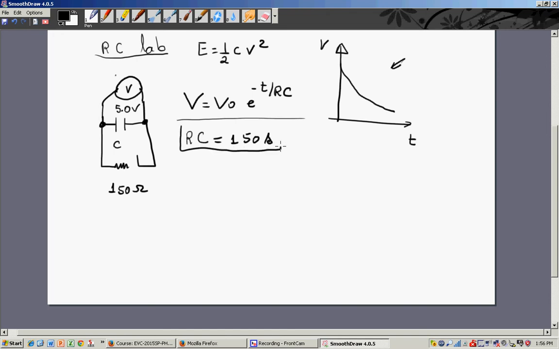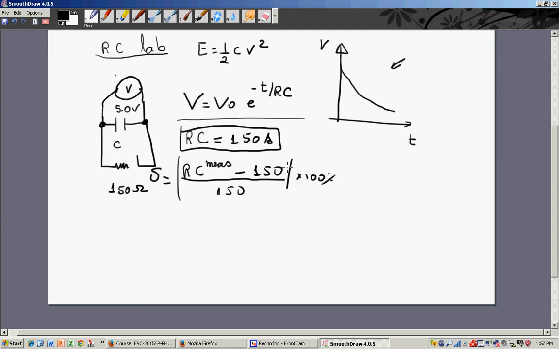So you want to see if your measured RC is close or not to 150. So that's the whole thing. That's what you want to do, and then you get a percentage, and you call this your error. Okay, so basically that's the lab.